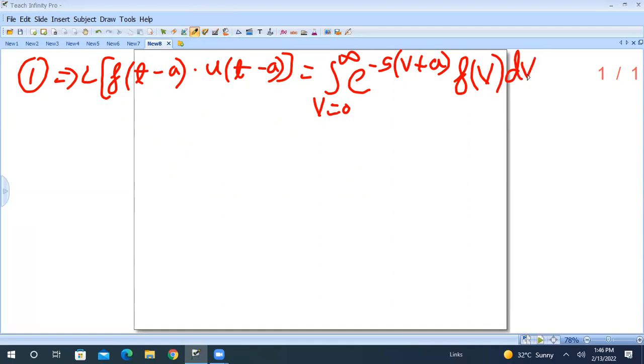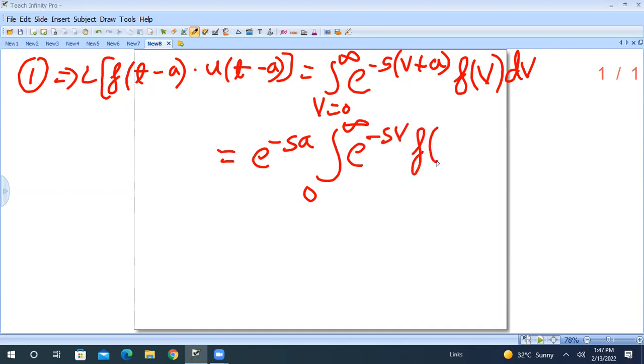So when we multiply the e terms, e to the power of minus s a comes outside. So the integration becomes 0 to infinity, e to the power of minus s v remains inside, into f of v into dv.